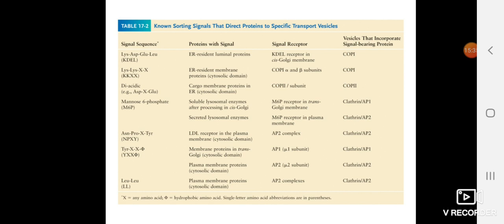Okay, so you need to remember these particular sequences, which are called signal sequences, very important for sorting of the proteins into specific destinations through the vesicles.